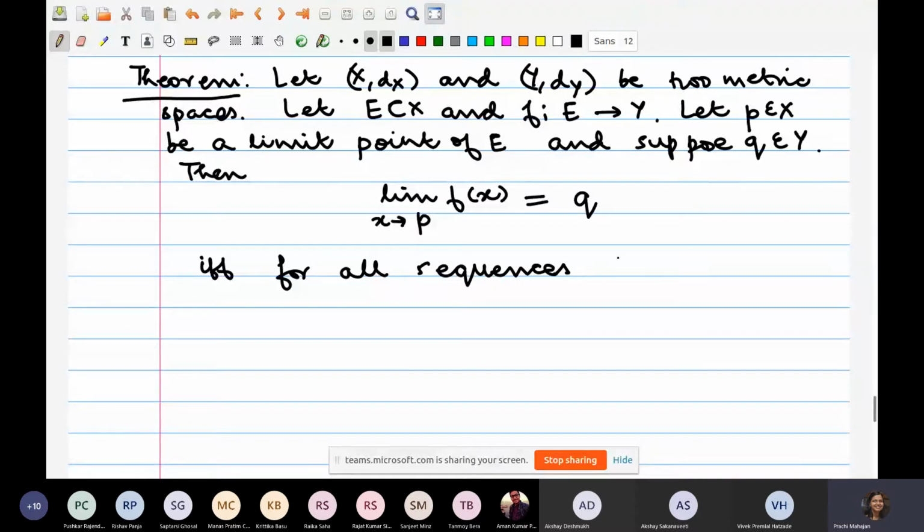For all the sequences, let's say a_n in the set E minus P. So a_n is a sequence of points in E. Each element of a_n is different from P with the property that, let me be a little bit careful. Sorry, I would like to reword it a little bit.